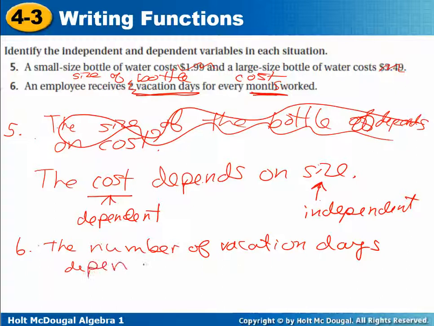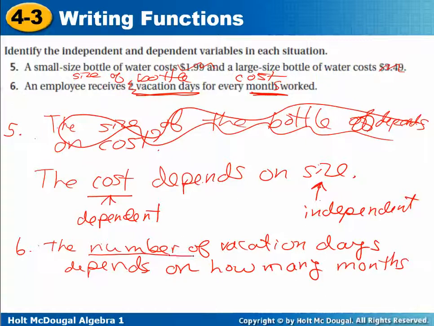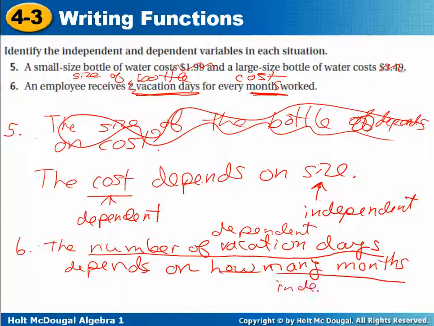Or does how many months you work depend on your vacation days? That doesn't make sense. The first one makes sense. The number of vacation days depends on how many months you worked. The more months you work, the more vacation days you'll get. So that means that the first part here, the number of vacation days, that's your dependent. And your independent is how many months you worked.